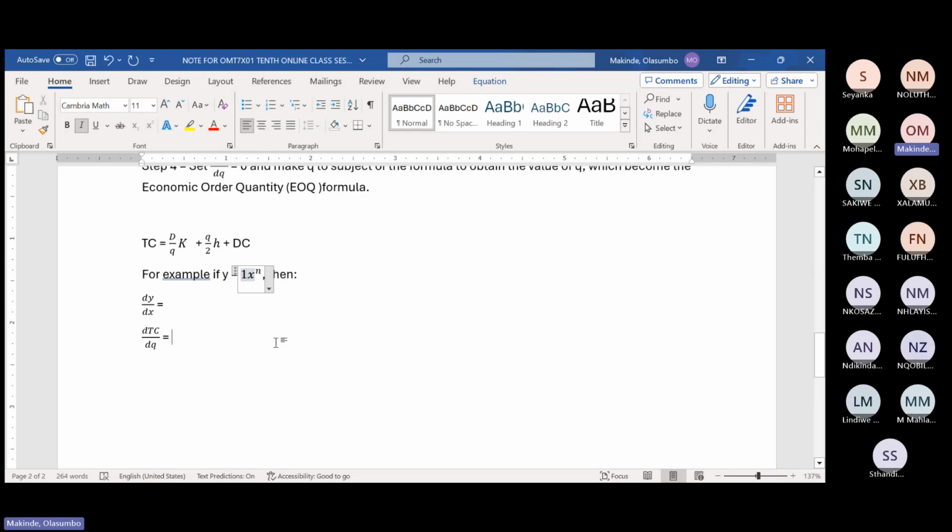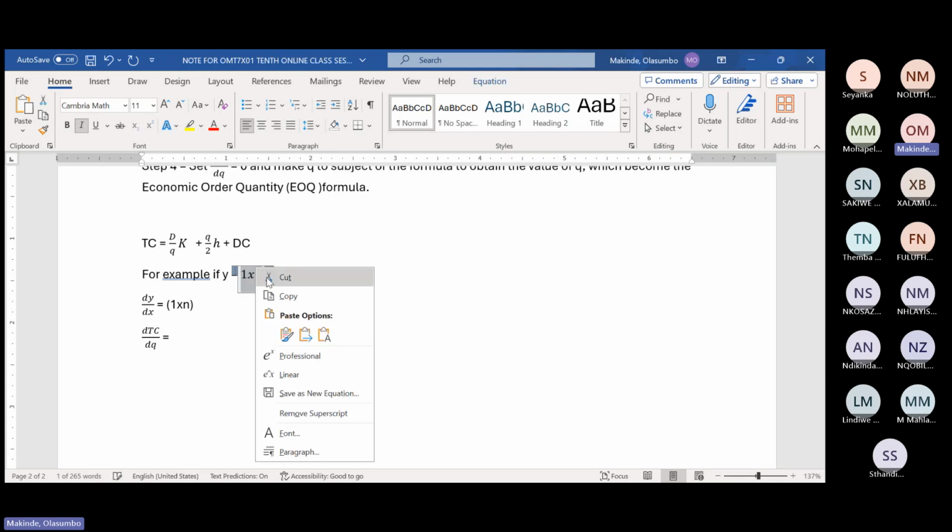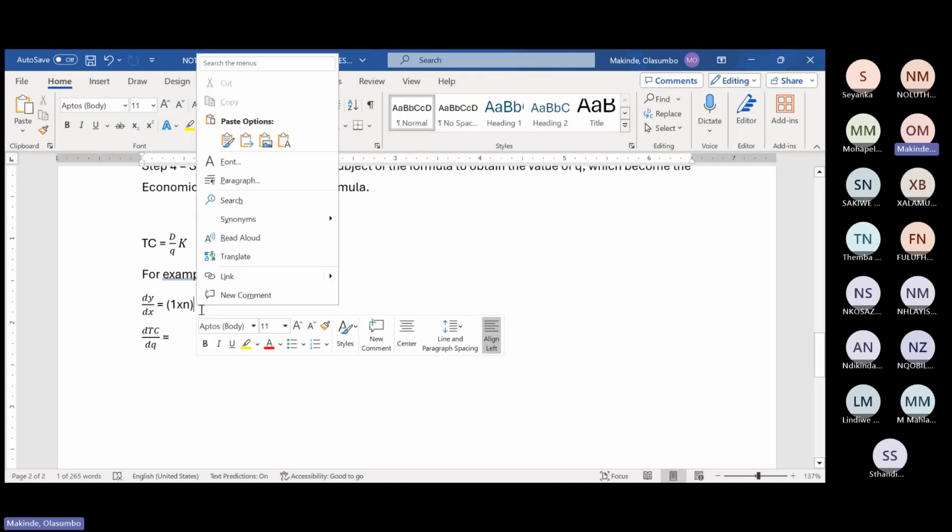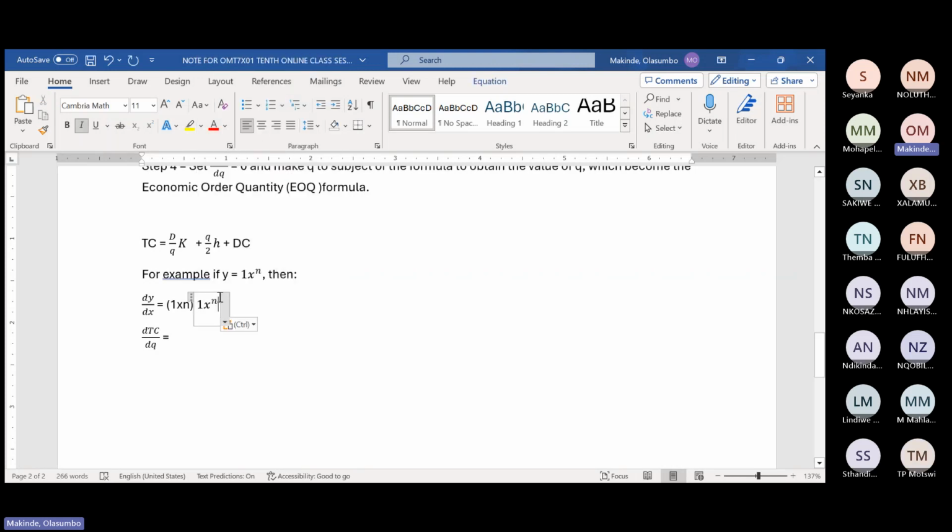So you can even look at it as 1 times X raised to power N. When you differentiate anything like this, you take the coefficient of that expression, you write it down, you put a bracket, you say 1 times, you go to the power of that expression, you note the value in the power, you bring it down, 1 times N, then you bring the X raised to power N back.